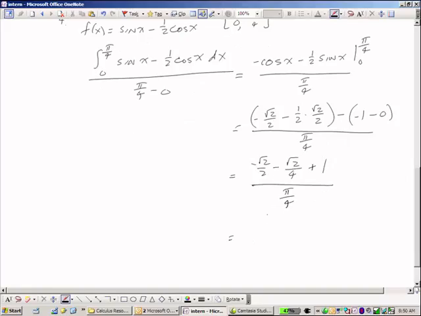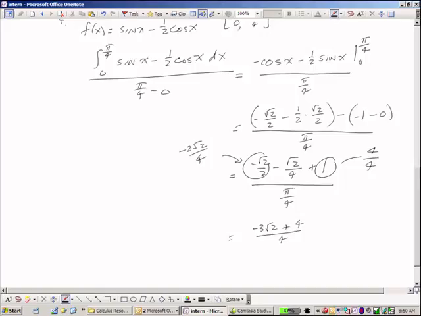4. So it's going to be negative 2 root 2 minus root 2. So that's negative 3 root 2 plus 4, all over 4. So I changed that to negative 2 root 2 over 4, and I changed 1 to 4 over 4. Got my common denominator.